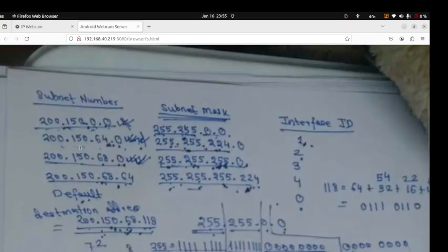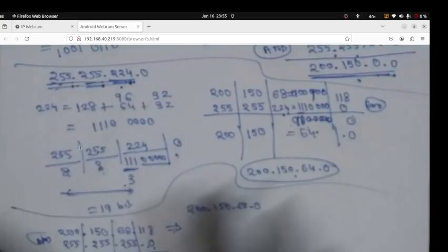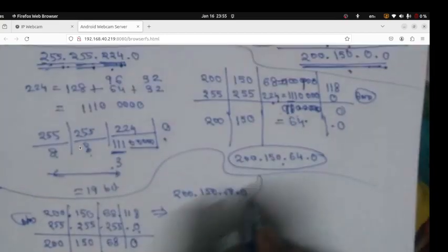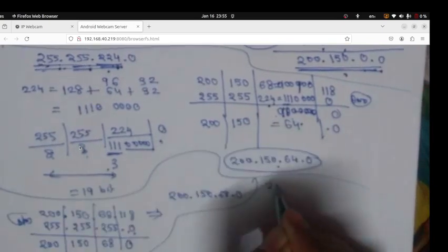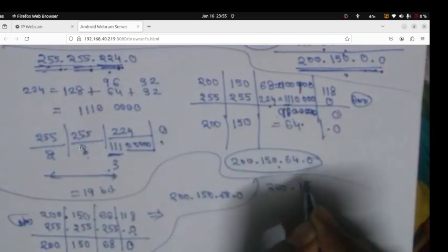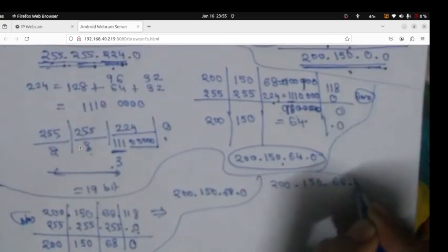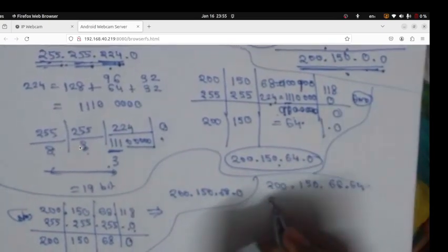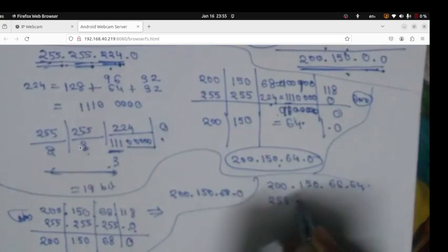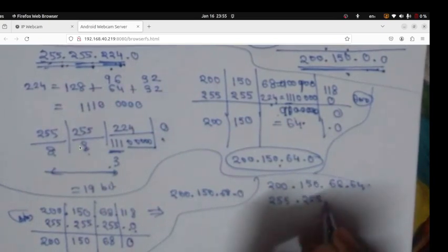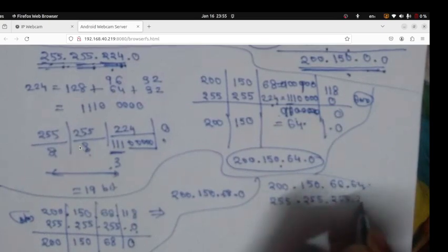200.150.16.64. So what is that? That is 200.150.68.64. And the mask is 255.255.255.224.